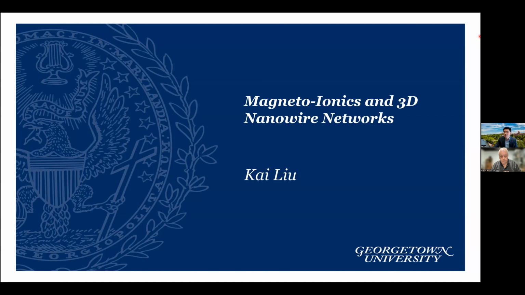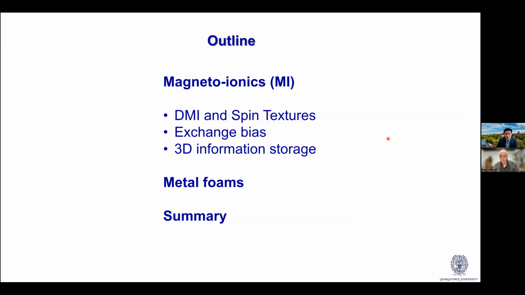So today I will be sharing with you some of our recent work on Magneto Ionics and 3D nanowire networks. I will start with a brief introduction about Magneto Ionics, and mostly I will focus on using this handle to induce Dzyaloshinskii-Moriya interaction, and in turn to tune spin textures.